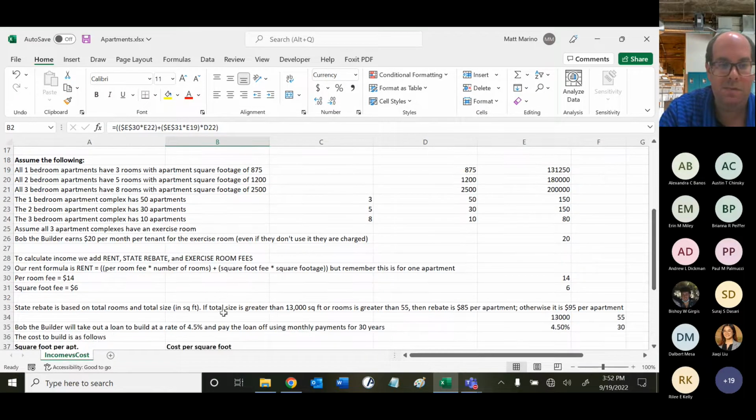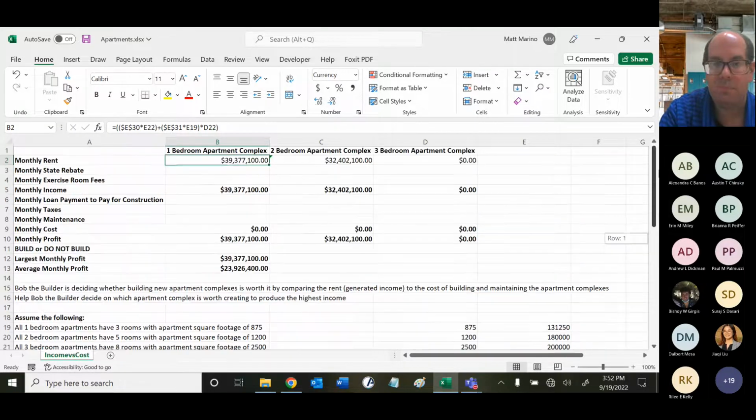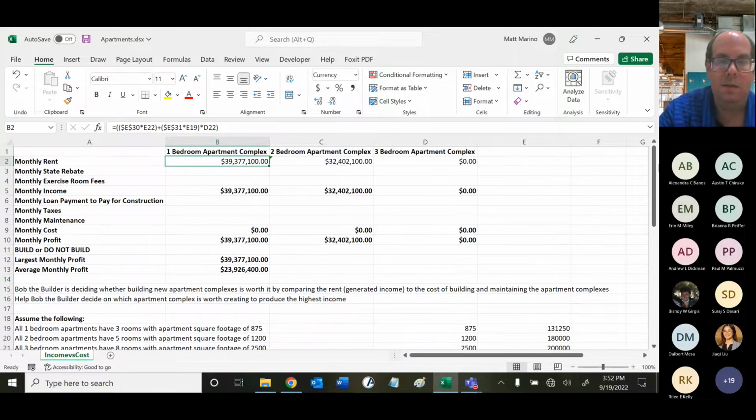So it's basically this formula down here, and then you multiply it by the number of rooms, or apartments rather. Thank you. For the first one, it's D22, then it's D23, then it's D24. Okay, so we did C2 after auto-filling over. Again, it's E23, E20, and D23.